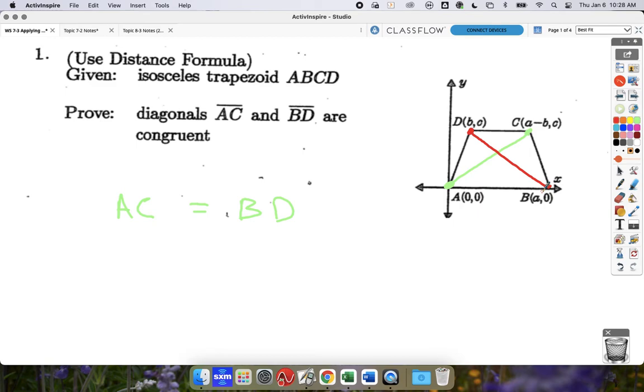How do you find the distance from one corner to the other corner? The distance formula. You want to do green or red first? Green first. So the way you set this up is really going to help you. I'm going to make this my x2 and y2.